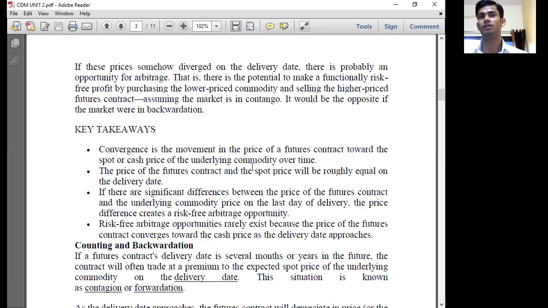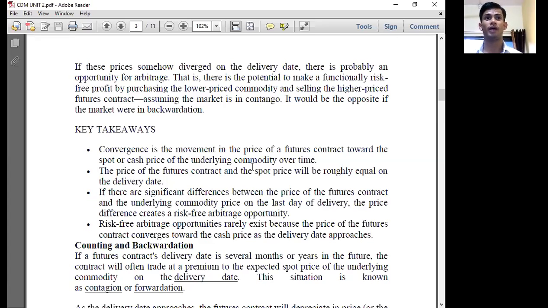Higher rate, demand is increasing, and as per the rate is taking, then at the time of expiry, the price of the futures contract and the spot price, आजची price and futures contract ची price, are roughly equal at the delivery date. कशी राहिली पाहिजे ते equal राहिली पाहिजे. And then if there is a significant difference between the prices, and if the prices are significantly different झाले, at that time risk taking, hedging, hedging example आहे, and every day it is selected.